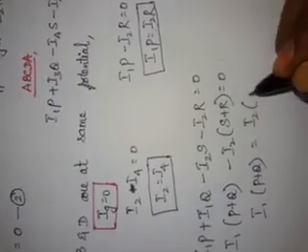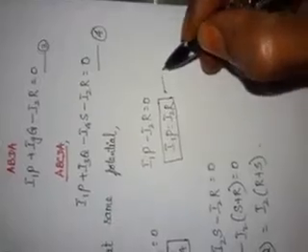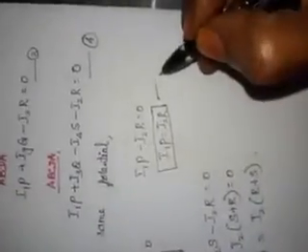Now simplifying this, taking I1 common, it is P plus Q, minus I2 common, it is S plus R, is equal to 0, or I can write I1 into P plus Q is equal to I2 into R plus S. Correct? Okay. Now let this be equation number 5. This be equation number 6.